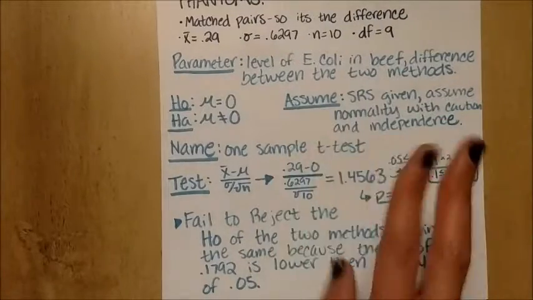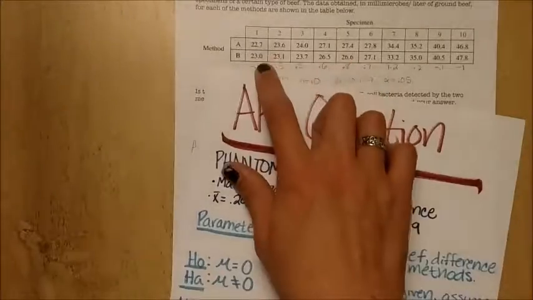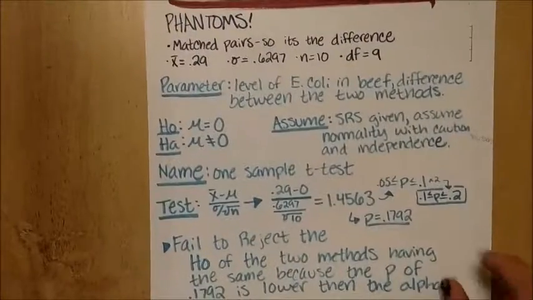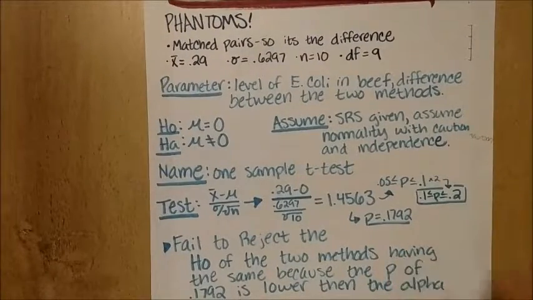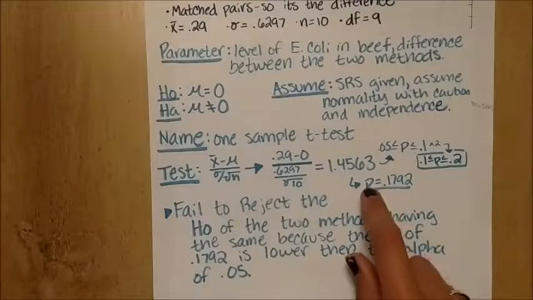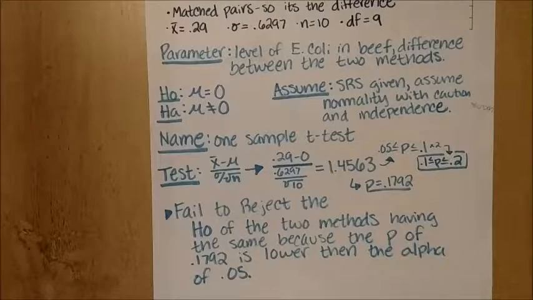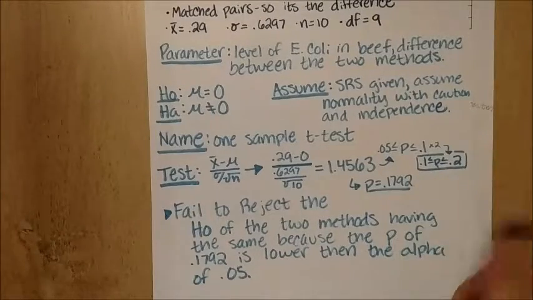But since it is two-sided, you have to times it by 2. So you'd end up getting between 0.1 and 0.2 for what the p would be. And so you do all that jazz, and you end up getting p equals 0.1792. And that's right in between those two, so that checks out.